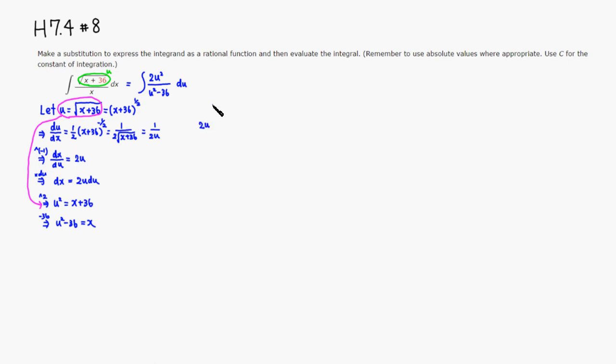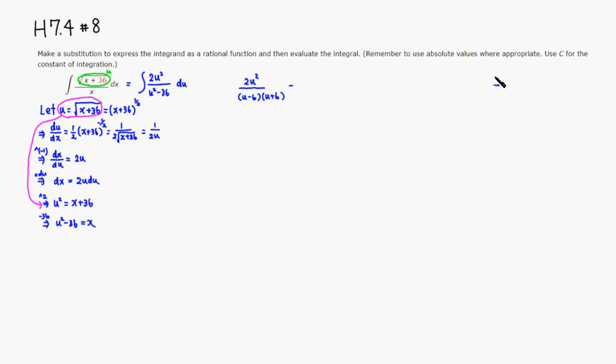We have 2u squared over u squared minus 6 squared, and we can factor the denominator as u minus 6 times u plus 6. Then we can split this. Actually, before we do that, we should do a long division.